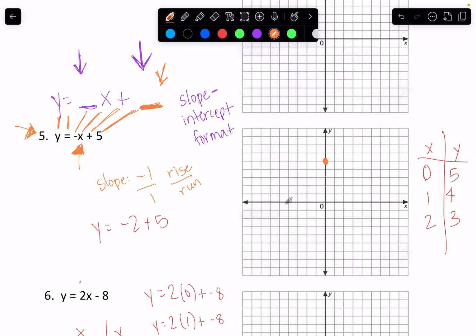Let me change colors: rise of 1, run of 1. Why did I go down for rise? Well, it's negative. Rise of 1, run of 1. Let me give you a hint. This line that I'm making is the exact same line that I made when I did all this work here. Super helpful.